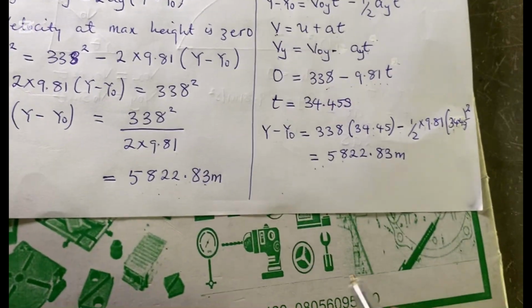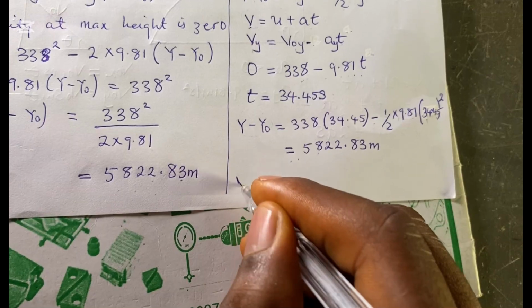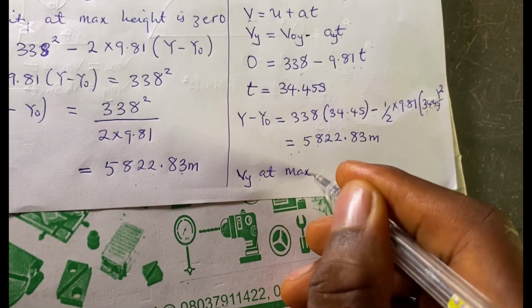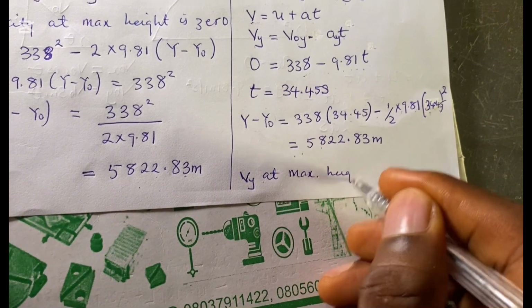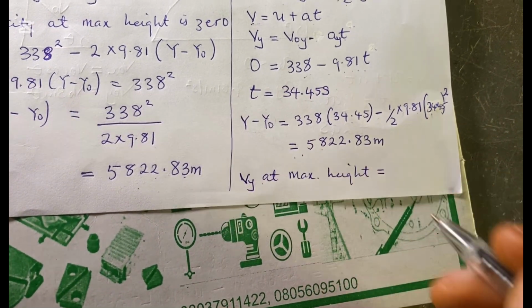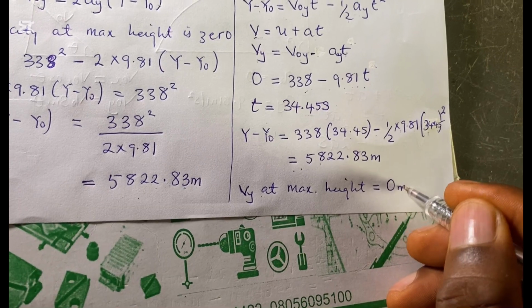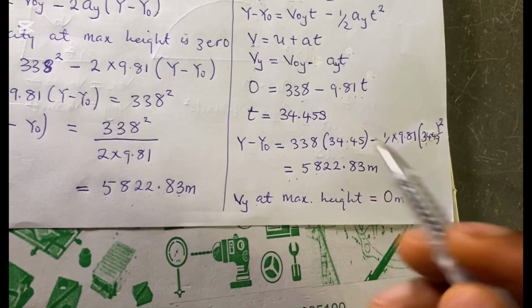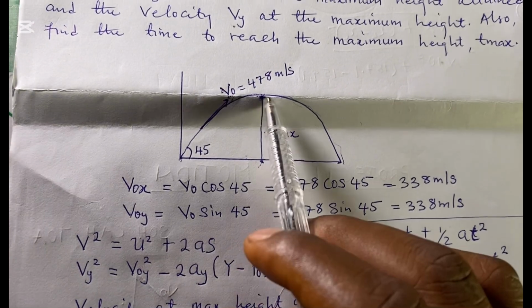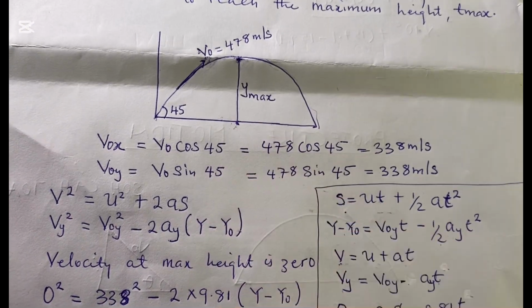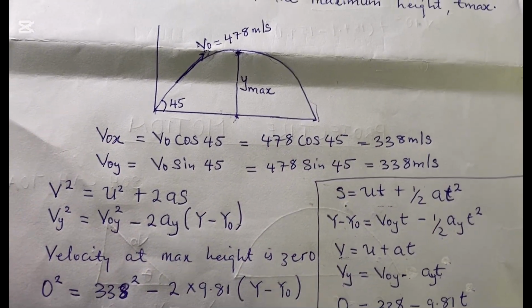Do you need to solve anything? v_y at maximum height is what? You should know that it is 0, because that is the velocity the projectile attains before it starts coming down. So the velocity at maximum height is 0 meters per second.